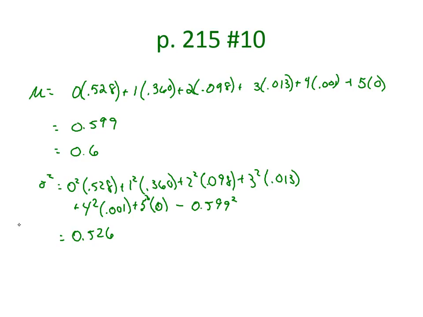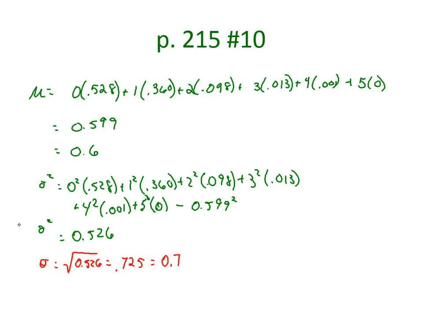Okay. So now, if we're getting that sigma squared, so our variance is 0.526, how do I find my standard deviation? Which we're going to round to 1 decimal of being 0.7.